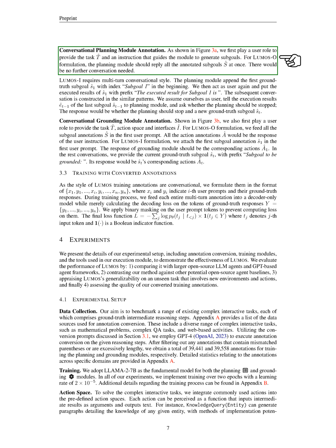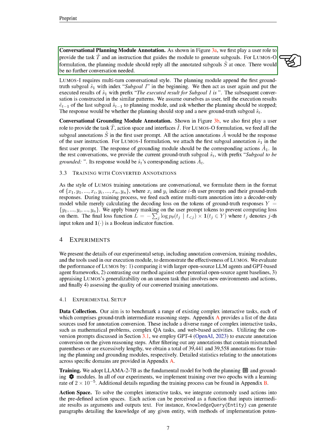For the LUMOS-O formulation, we include all the subgoal annotations, S-hat, in the first user prompt. All the action annotations, A-hat, would be the response to the user instruction. For the LUMOS-I formulation, we include the first subgoal annotation, S-hat, in the first user prompt. The response of the grounding module should be the corresponding actions, A-hat.